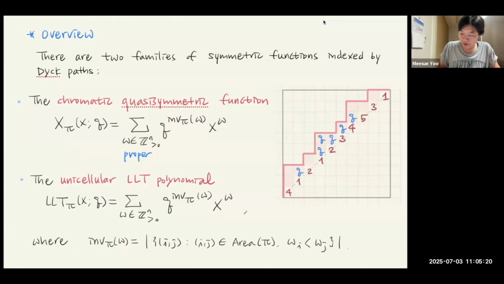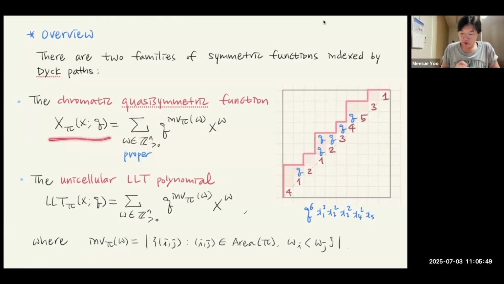So from this coloring, you read out q to the 6 because there are 6 inversion pairs. And then the coloring values here will give the monomial for this coloring. So you have 3 ones, meaning you have x1 cubed, and then x2 squared, x3 squared, x4 squared, and x5.